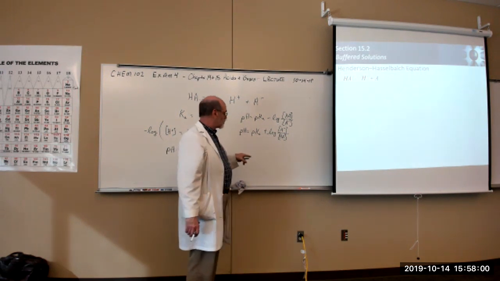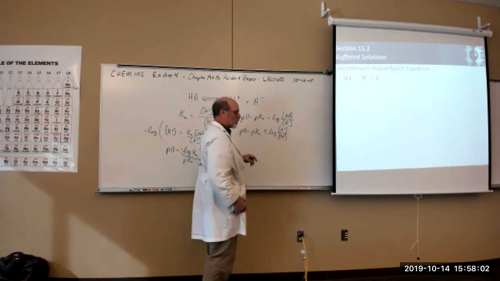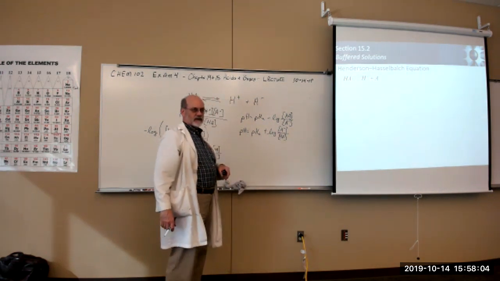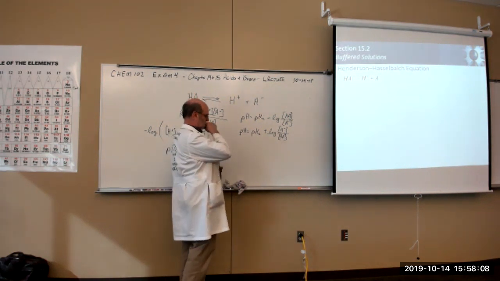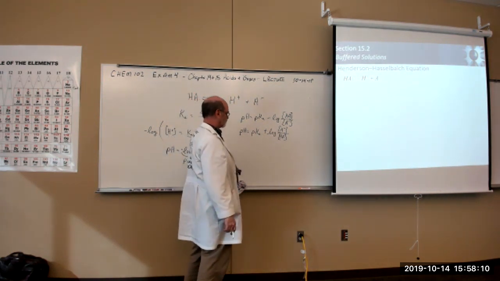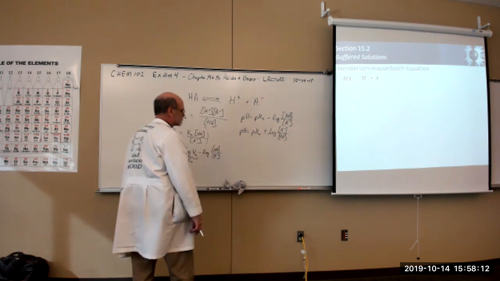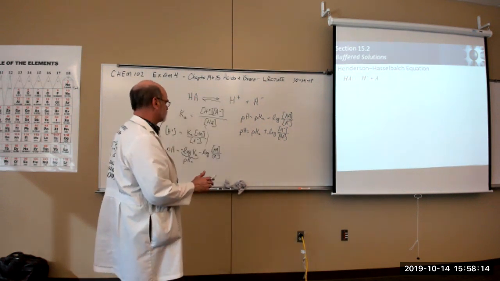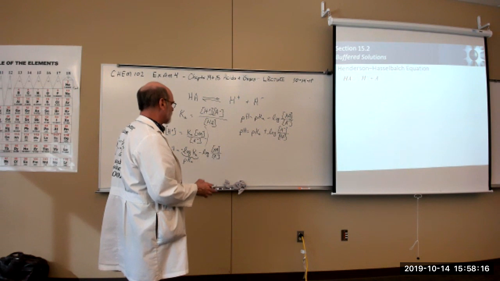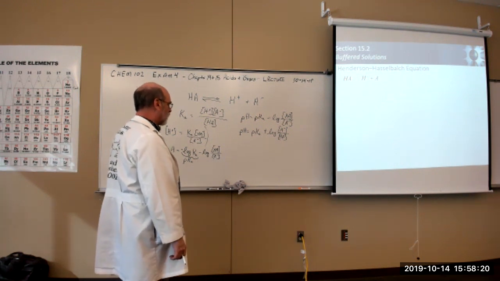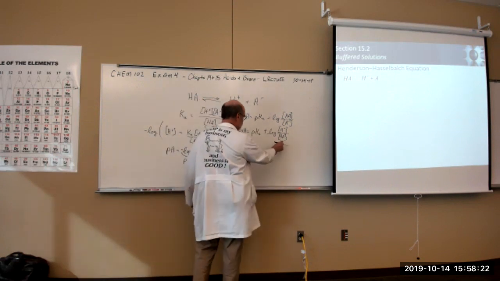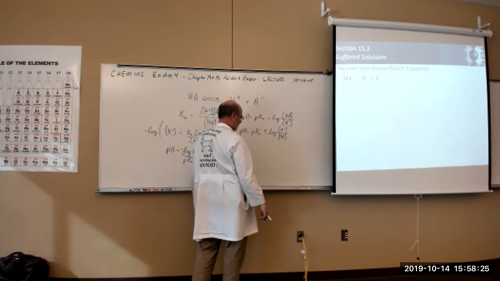Okay, once you know those two, you can find out what the pH is for the equilibrium buffer. So what would be the ideal pH for a buffer of this acid with that pKa?